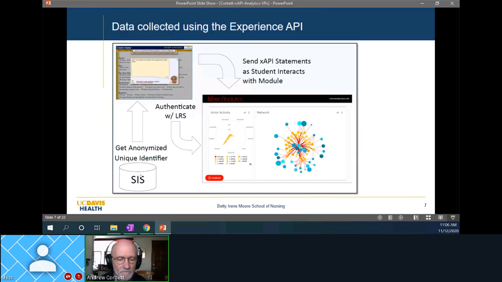It was simply a random GUID, if you know what that is. And then we used Lectura's ability to talk to an LRS and send statements. We were using Yet Analytics LRS platform for this.